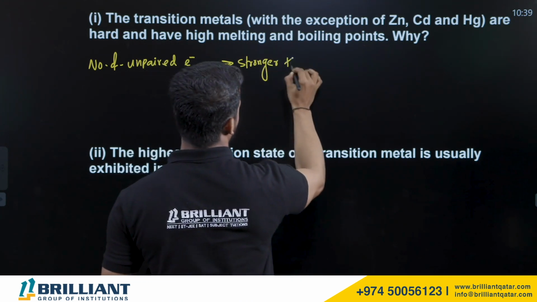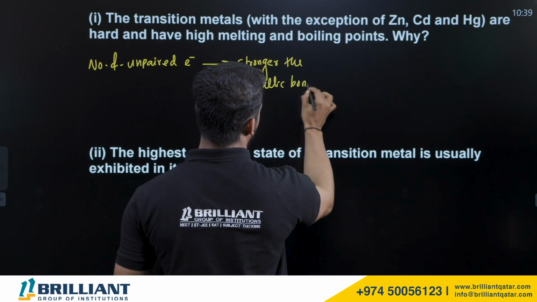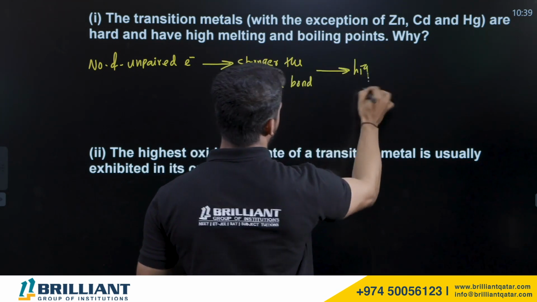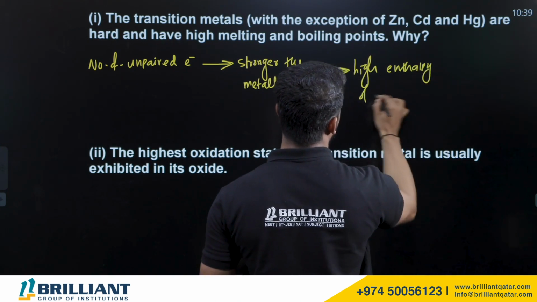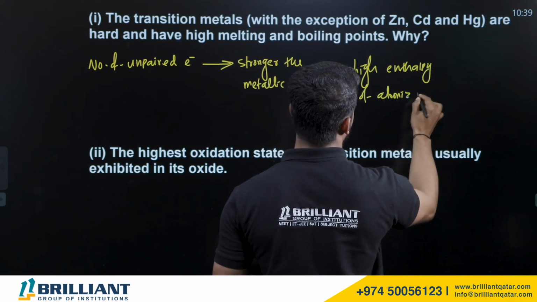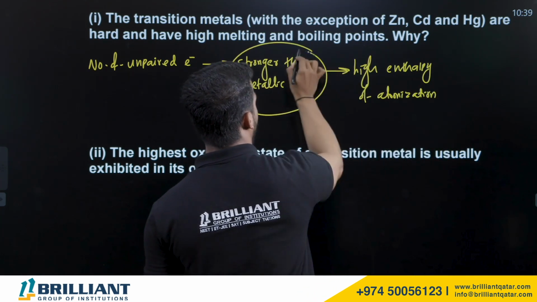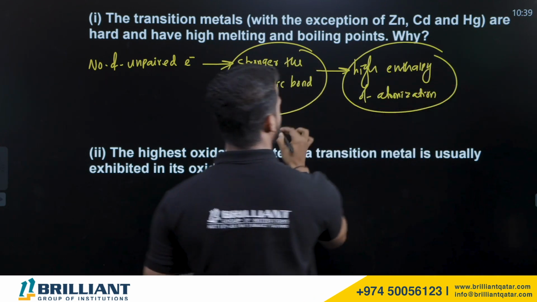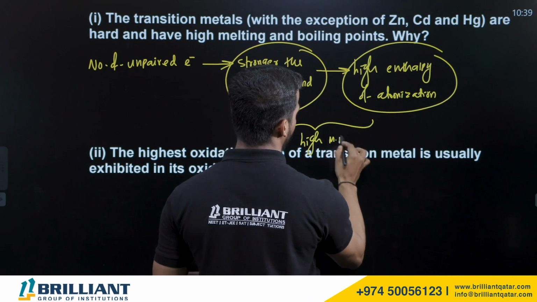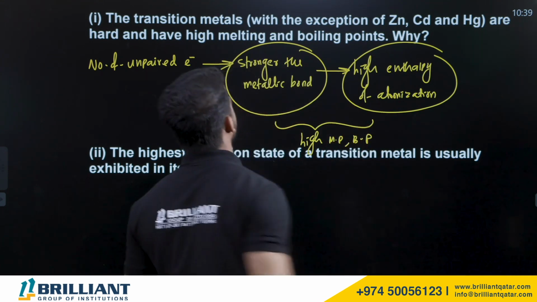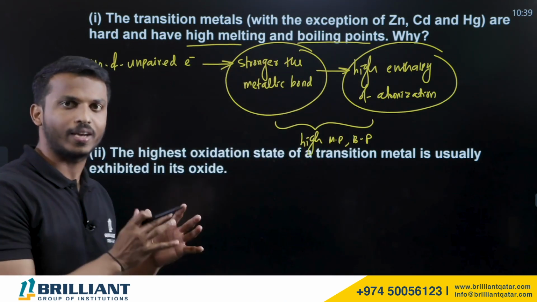If the bond is stronger, they have high enthalpy of atomization. Because of the stronger bond and high enthalpy of atomization, they have high melting and boiling points. So the stronger the bond, the higher the melting and boiling point. Make a connection and study that.